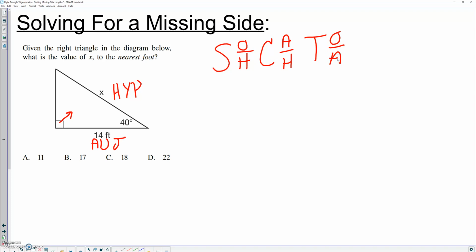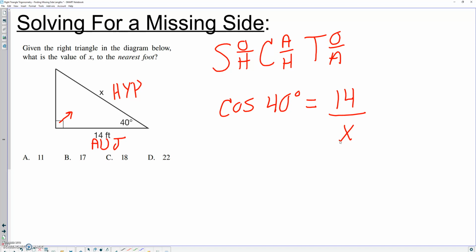All right, so we have the adjacent side and the hypotenuse. So that's going to involve cosine's ratio. So we're going to set this up as cosine of 40 degrees equals the adjacent side, 14, over the hypotenuse, x. All right, and don't worry about cosine of 40.